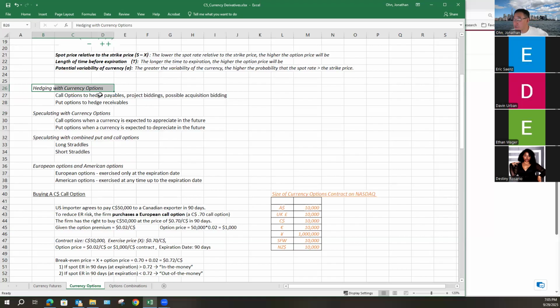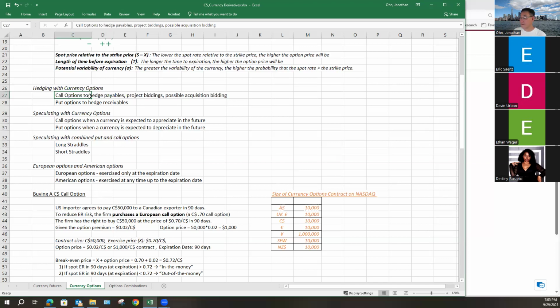Call options to hedge payables, project biddings, and possible acquisition bidding. If you have a payable obligation in foreign currency in the future, or a project bidding, that is also a payable. You have to pay. A possible acquisition is also payable. So when you have a payable in foreign currency in the future, you use a call option to eliminate the exchange rate risk.